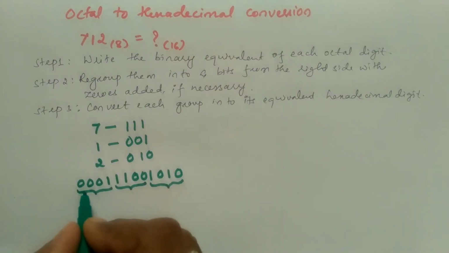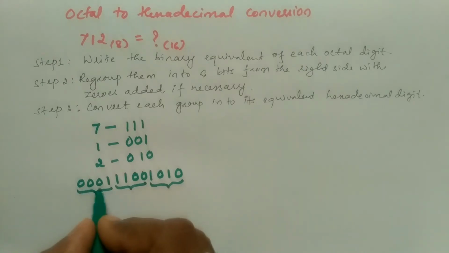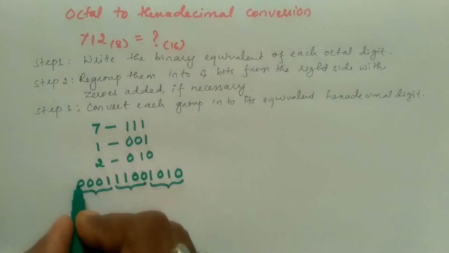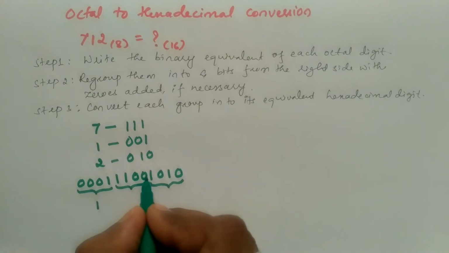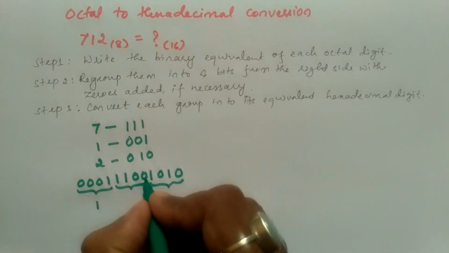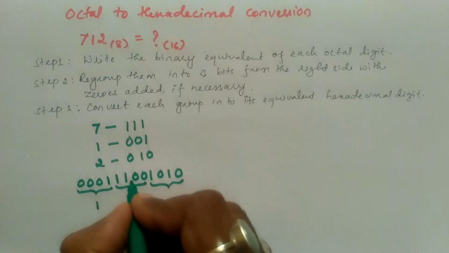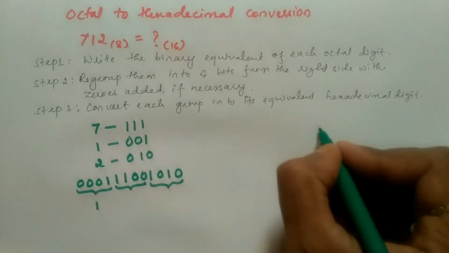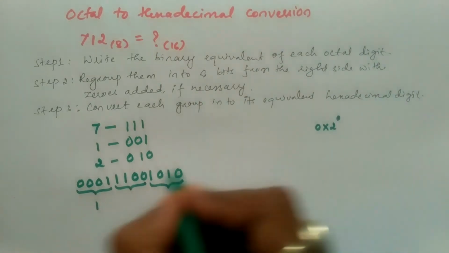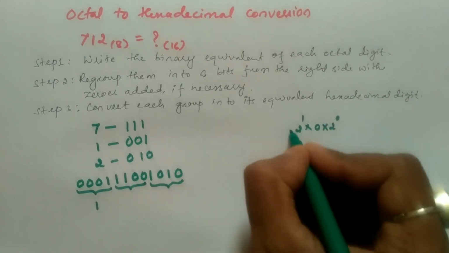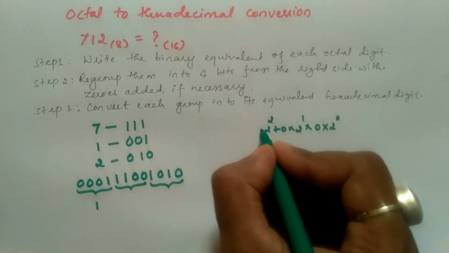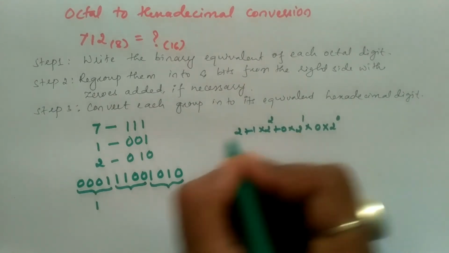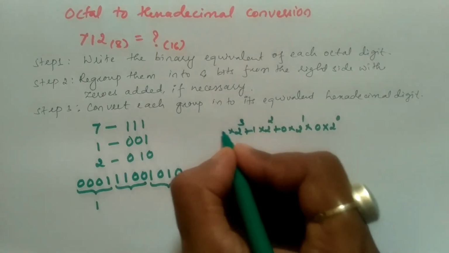So next we need to write each of these 4 bit groups as its hexadecimal equivalent. 0001 represents 1. Now 1100 represents what? Here you can see the binary digit 0 whose positional weight is 2 to the power 0. Next 2 to the power 1 into 0, plus the next bit 1 whose positional weight is 2 to the power 2 into 1, plus the next bit 1, 2 to the power 3 into 1.